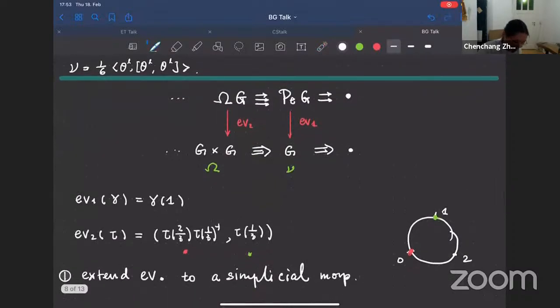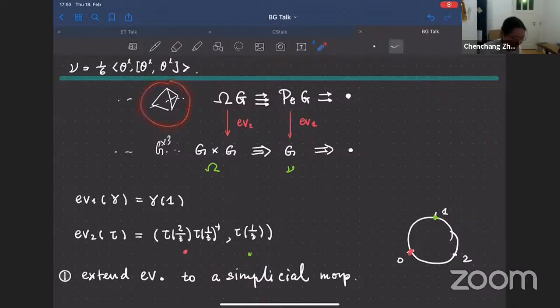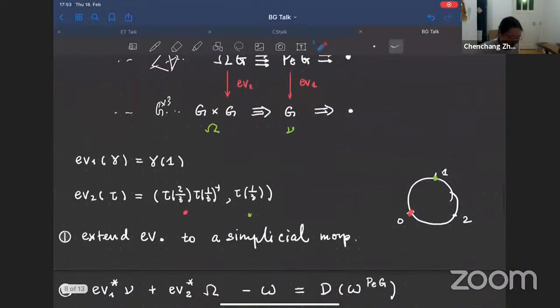Then one can extend this evaluation map also to higher levels. On this tetrahedron, you also have a way to evaluate to 3 copies of G and so on. Actually, you only have to do it once over here; the rest is generated automatically, because this is coskeletal.